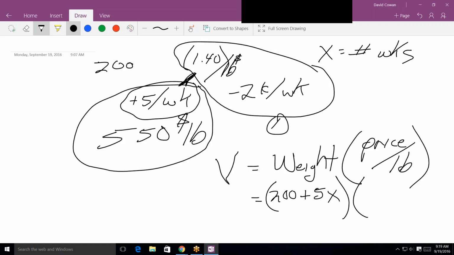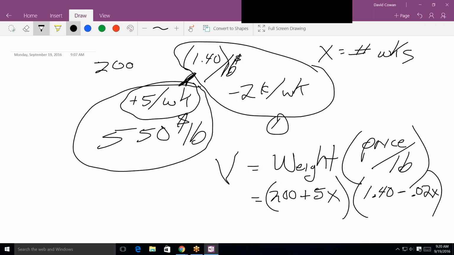The price per pound is $1.40 minus 0.02x. Perfect. Because now when x is 0, the value of the pig is 200 times $1.40.